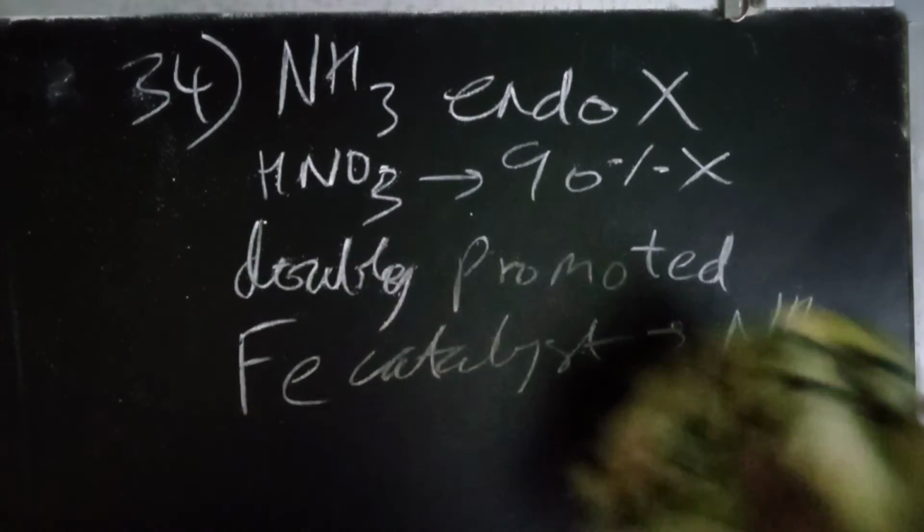Doubly promoted iron catalyst is used in ammonia synthesis, ammonia production, whatever you tell.